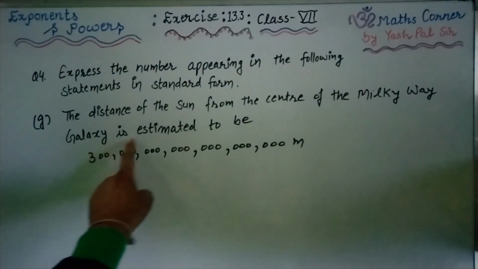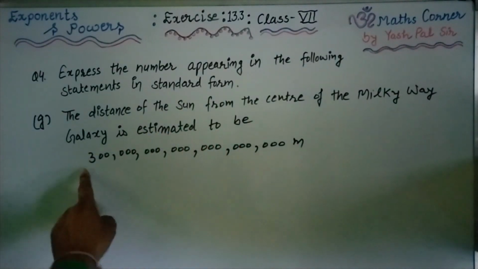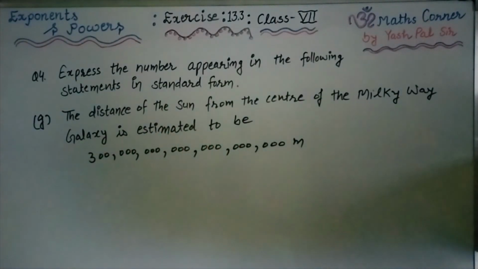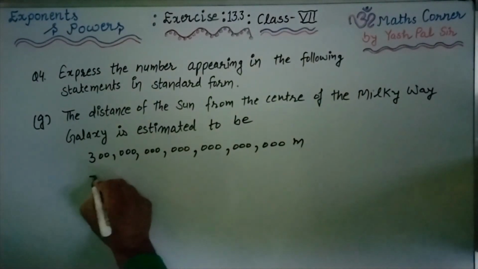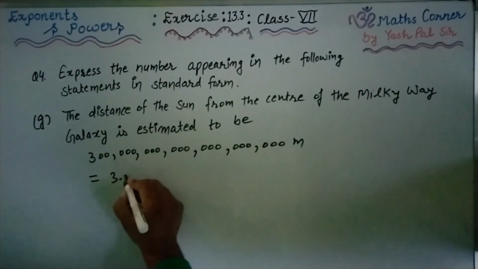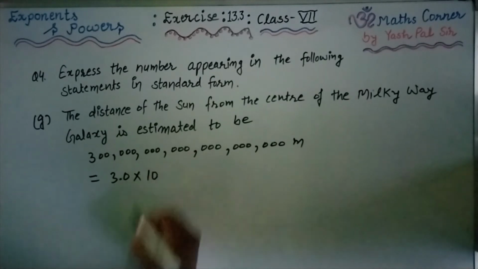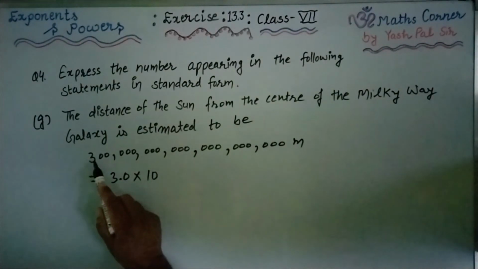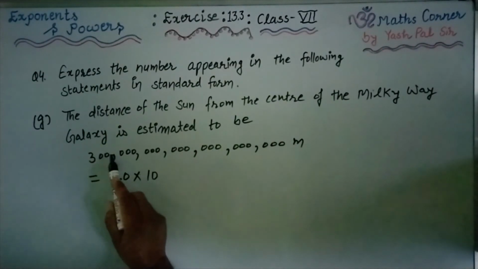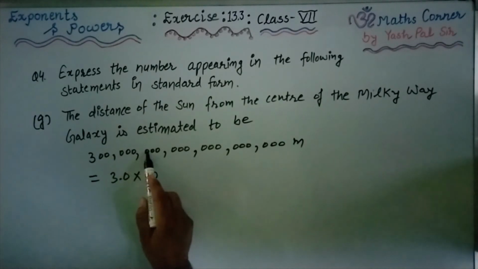Next question. G part. The distance of the sun from the center of the Milky Way galaxy is estimated to be this many meter. So in standard form we can write 3.0 into 10 raised to power.